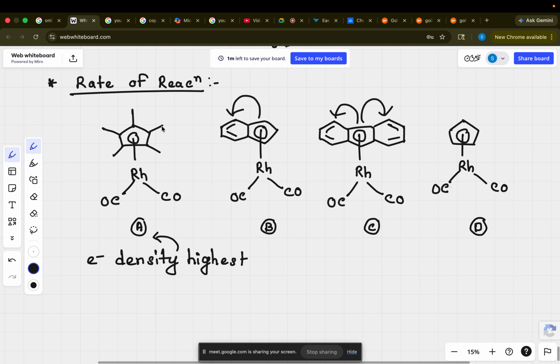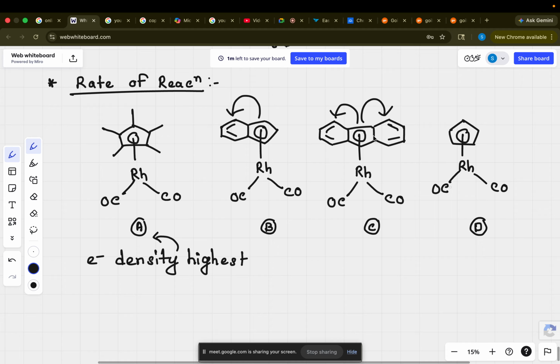Because you have 5 methyl groups attached to this cyclopentadienyl ligand, so the electron density is highest here. Next will be this one, then B, and then C. Why C? Because here the aromaticity is spreading to the adjacent aromatic rings.